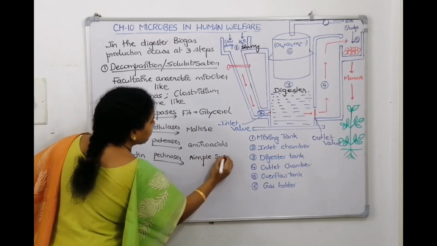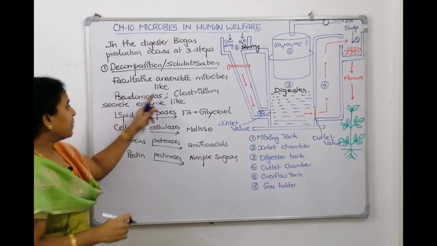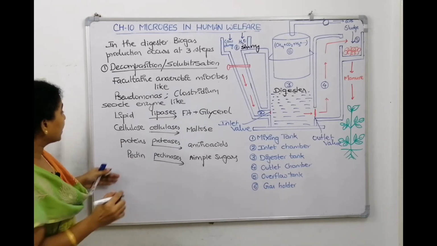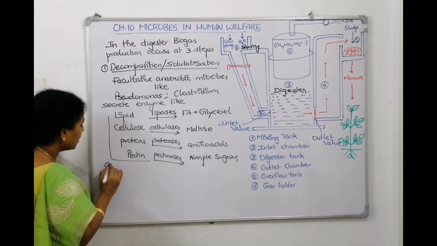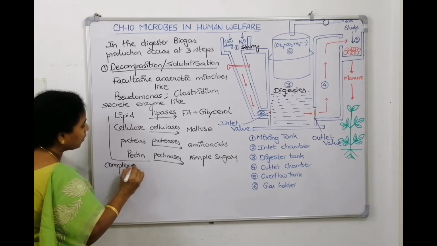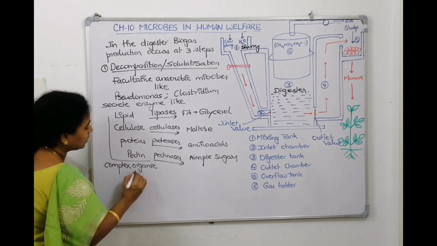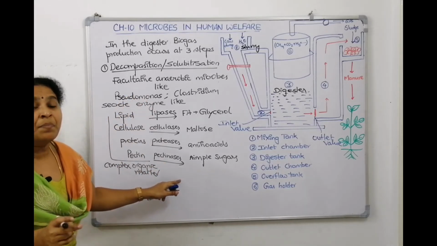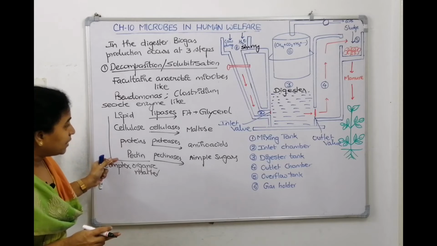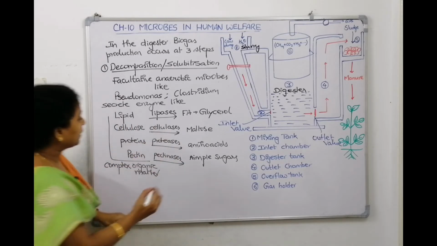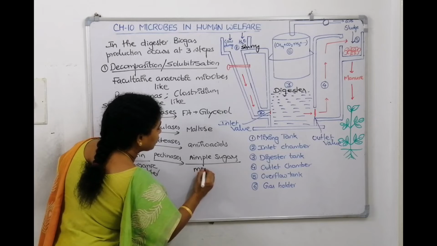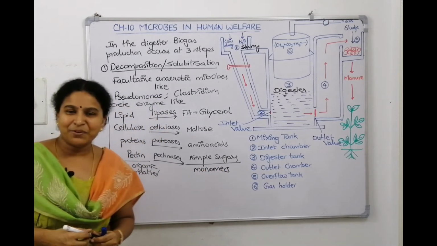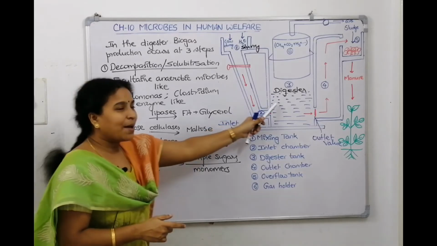Are you seeing? These bacteria are releasing enzymes, and these enzymes are converting the complex organic materials present in the raw material into their respective monomers. All these are examples of monomers. And this is the first step, called decomposition or solubilization.